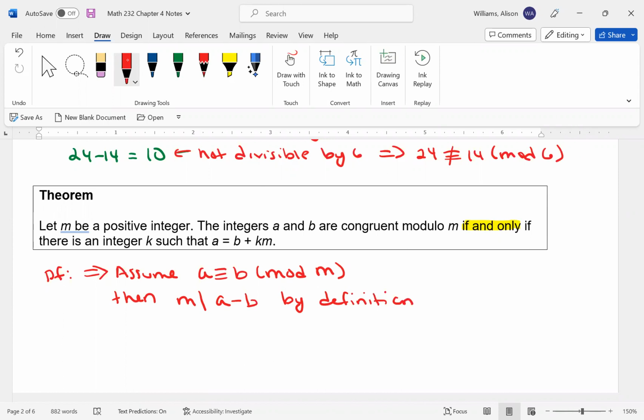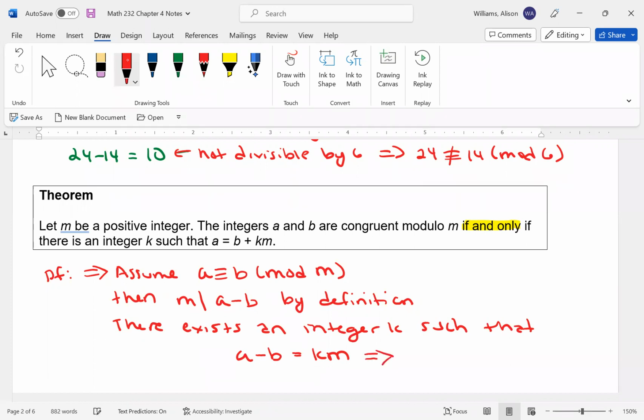Then, because when something is divisible, as we saw at the very beginning, that means there exists an integer K such that A minus B equals K times M. Since M goes into A minus B, A minus B is a multiple of M, and I'm calling that multiple K. That implies, if I solve for A by adding B to the other side, A equals B plus KM.